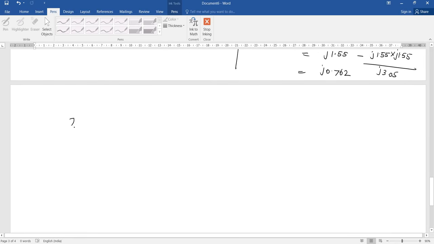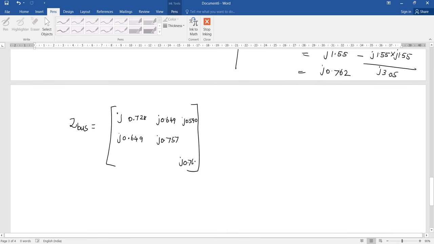So directly write the Zbus matrix. Zbus is now the 3 cross 3 after eliminating the row and column of the matrix. So j0.728, j0.649, j0.590. Next j0.649, j0.757, j0.689.